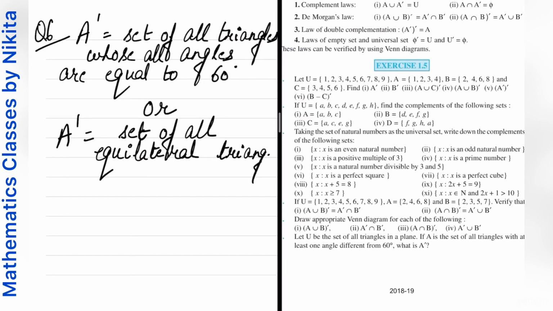So equilateral means all sides are equal, and if all sides are equal, all the angles are equal and they are equal to 60 degree.